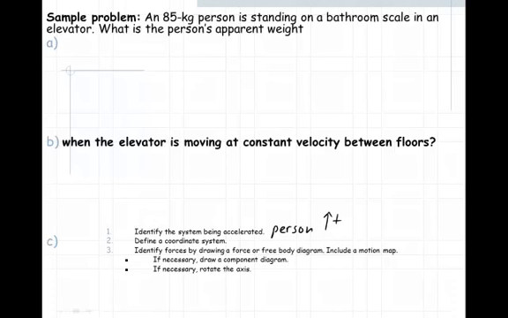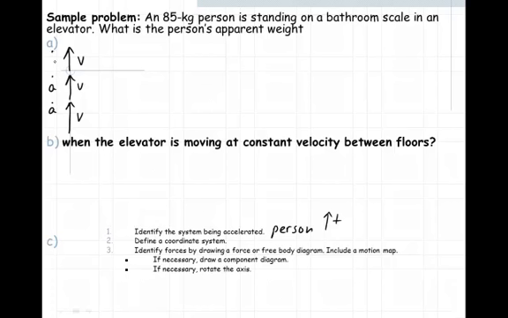It says it's moving at a constant velocity between floors. We don't know if it's going up or going down, but as we're going to see in a minute, it really doesn't matter. So if the elevator is moving with constant velocity, as it says in this problem, we know that the acceleration has to be 0.